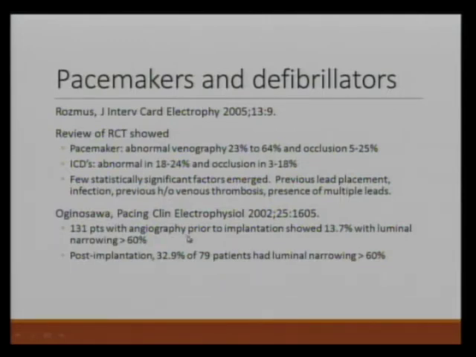This is just a finding that they made for this study. And then they came back post-implantation. They looked at 79 patients they had access to, and after having the leads in there, the percentage went from 13.7 to 32.9. So having these leads does increase the amount of stenosis in the central veins.